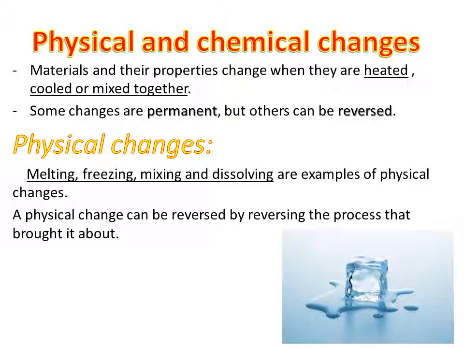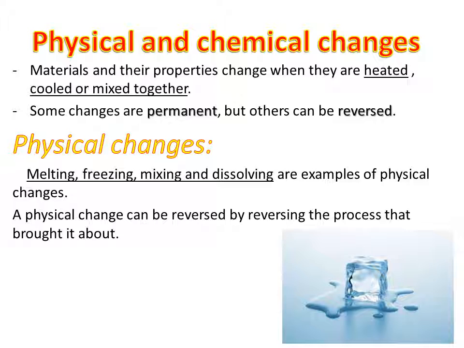Like the picture down here. I have a cube of ice. If I put it outside to have some heating, it will melt, right? It will be water. If I take the same water and put it in the freezer, then it will get back to an ice cube again. So this here is reversible, right?